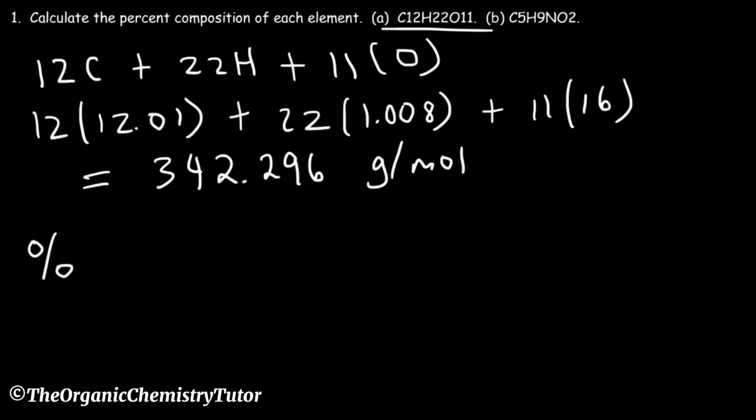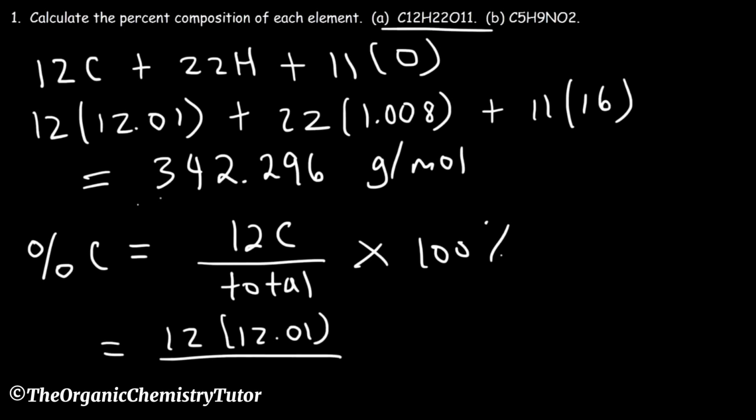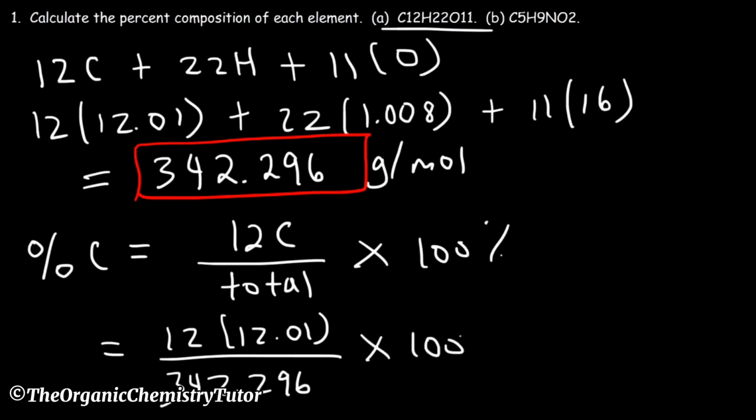Now, if you want to find the percent by mass of carbon, you need to take the molar mass of all 12 carbon atoms and divide it by the total, and then multiply by 100%. So each carbon is 12.01, that's the atomic mass. The total molar mass is the number that we have, 342.296, and then we're going to multiply it by 100%.